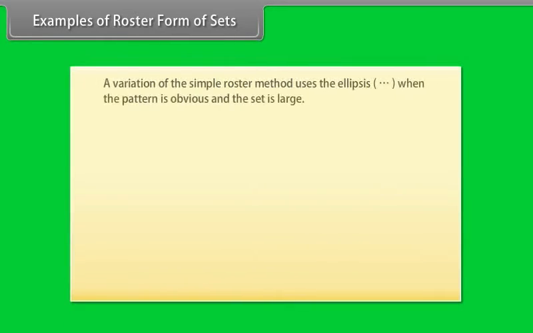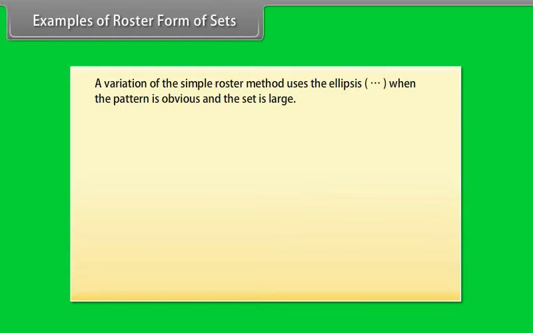Examples of roster form of sets. A variation of the simple roster method uses the ellipsis when the pattern is obvious and the set is large.